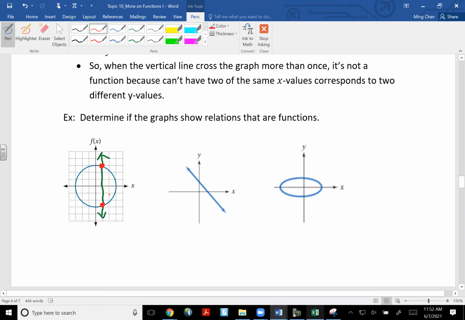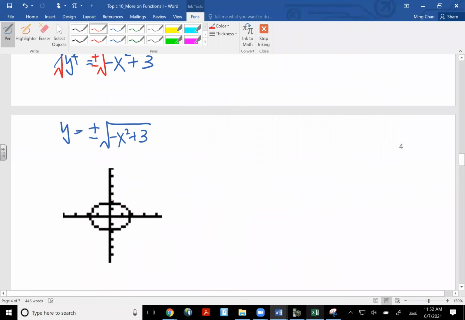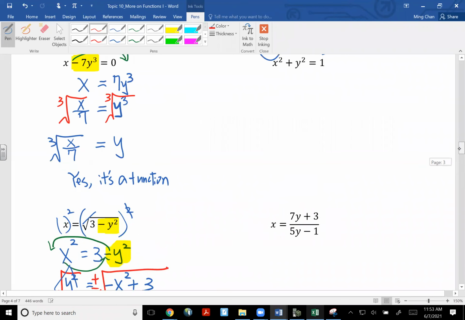So if the vertical line touches a graph more than one time, it's not a function. That's the reason why this is not a function, because you have to look at these two equations we keyed in as one graph. See right here? Not a function. Touch it twice. Okay. So this relation is not a function.